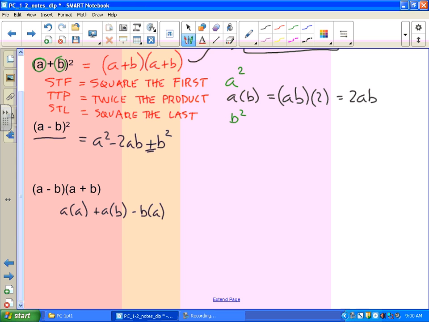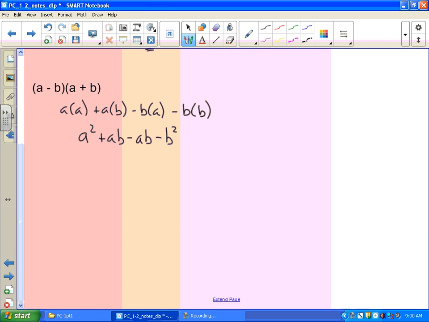It doesn't matter the order, so they are the same thing. And then negative b times b. So I would get a squared plus ab minus ab minus b squared. Now what happens with ab minus ab is they cancel each other out. And I end up with what's known as the difference of two squares.